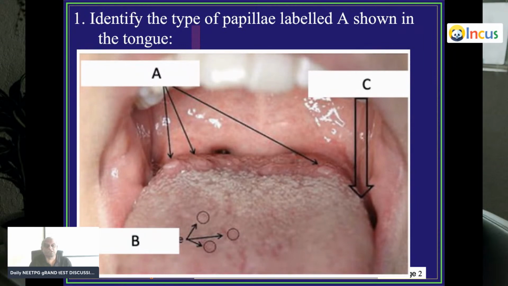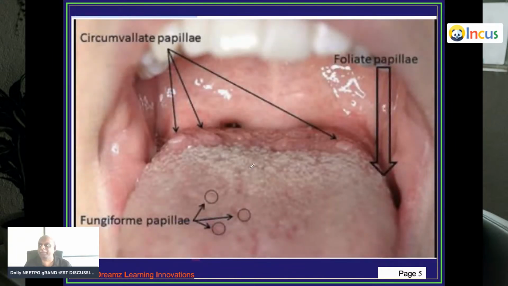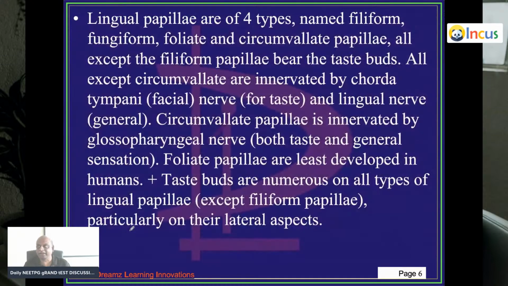So what is this papillae which is being labeled A in the tongue? It is the circumvallate papillae. These are the foliate papillae, these are the fungiform papillae in the tongue. There are four types of lingual papillae: filiform, fungiform, foliate, circumvallate.